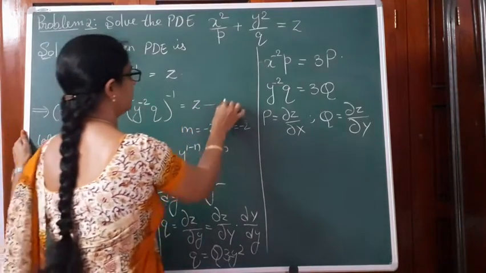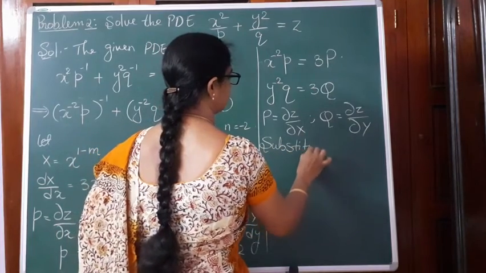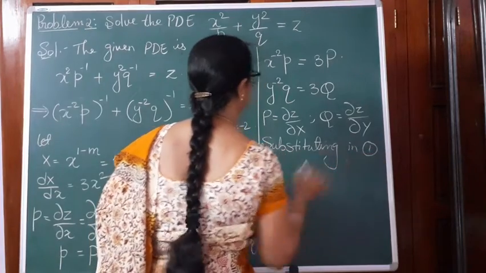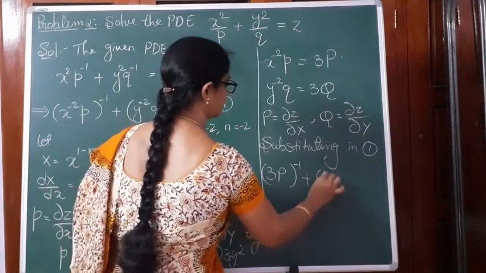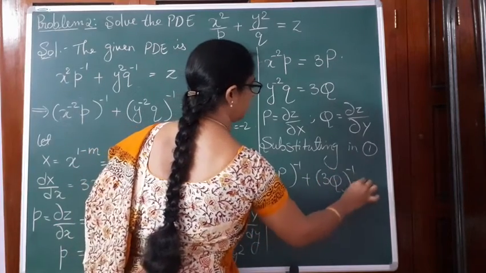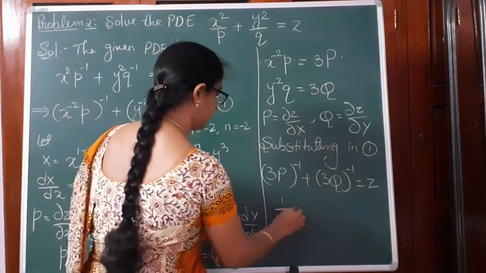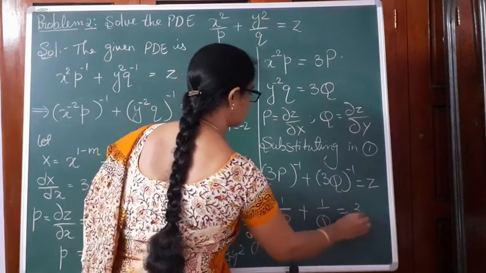So substituting in equation 1, we get 3P power minus 1 plus 3Q power minus 1 is equal to z, or 1 by P plus 1 by Q is equal to 3z.